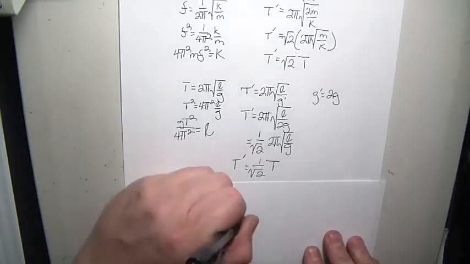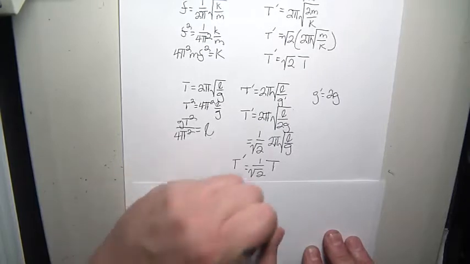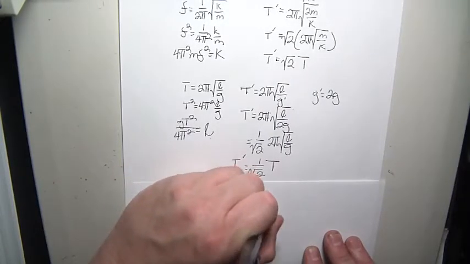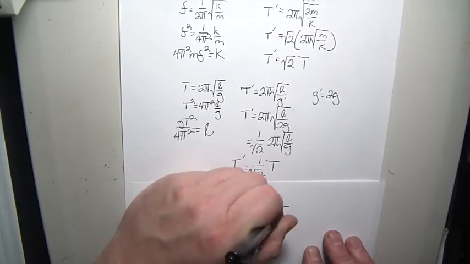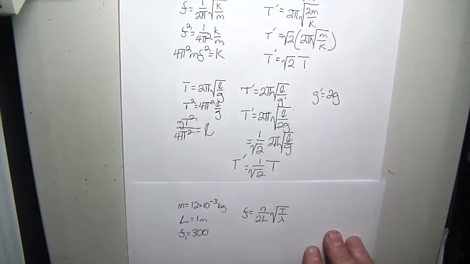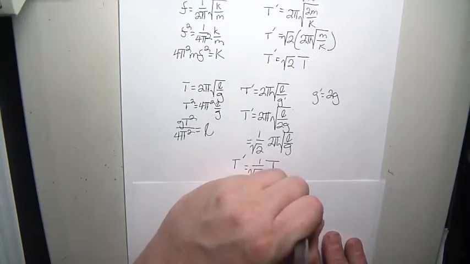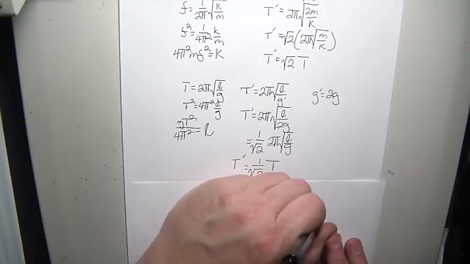Find the tension. So frequency is N over 2L square root of tension over lambda. Lambda is mass over length.